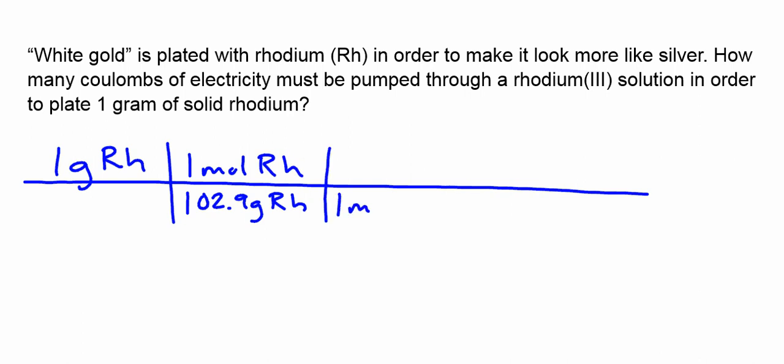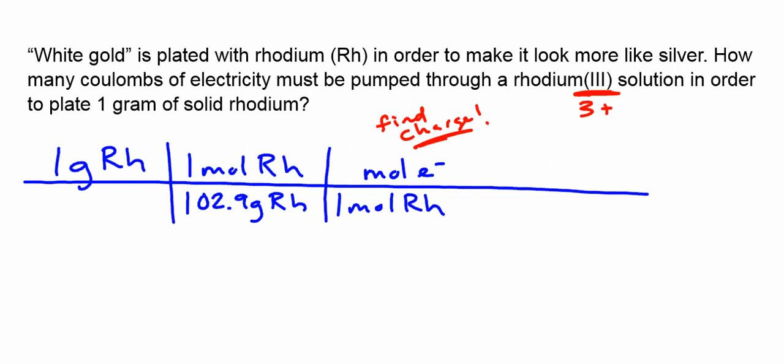I bring down 1 mole. And here's the key thing, it's very important. How many moles of electrons do I have? You have to find the charge. You need to find the charge. That's a 3 plus. It means it gives away 3 electrons. That's why it's going to be a 3.